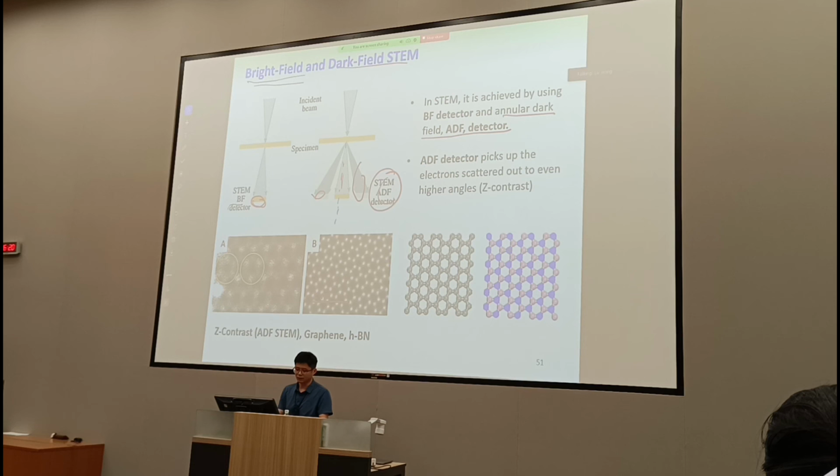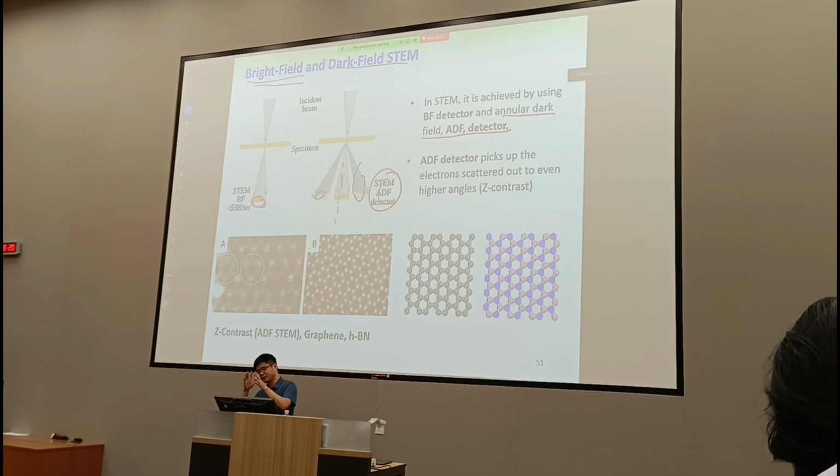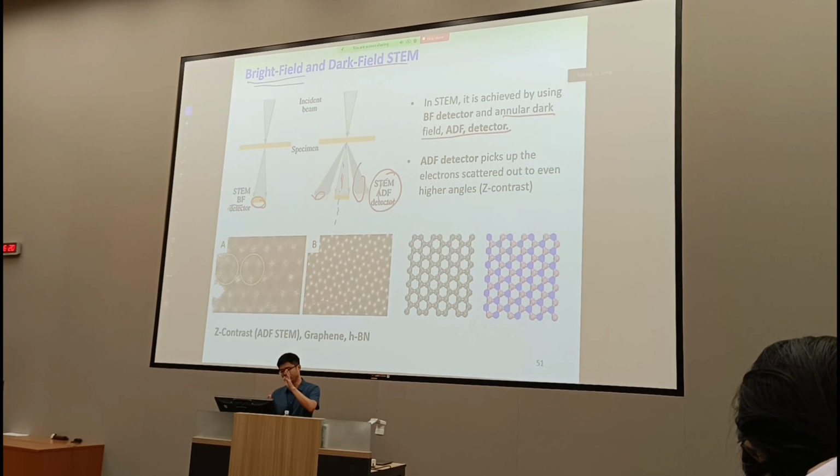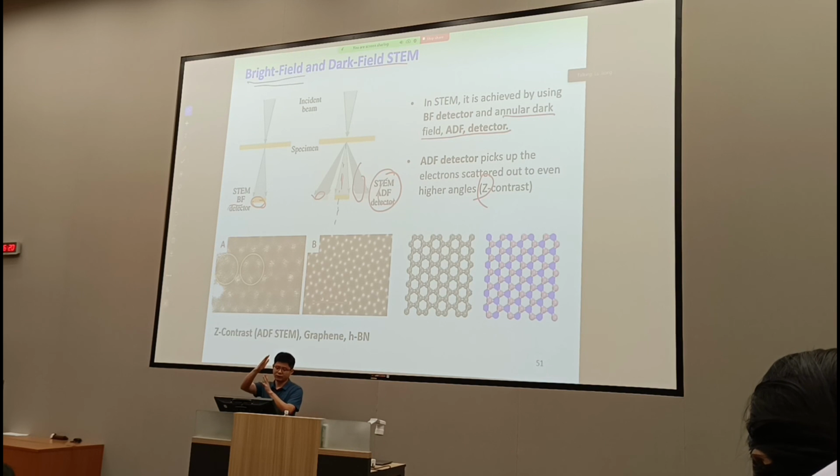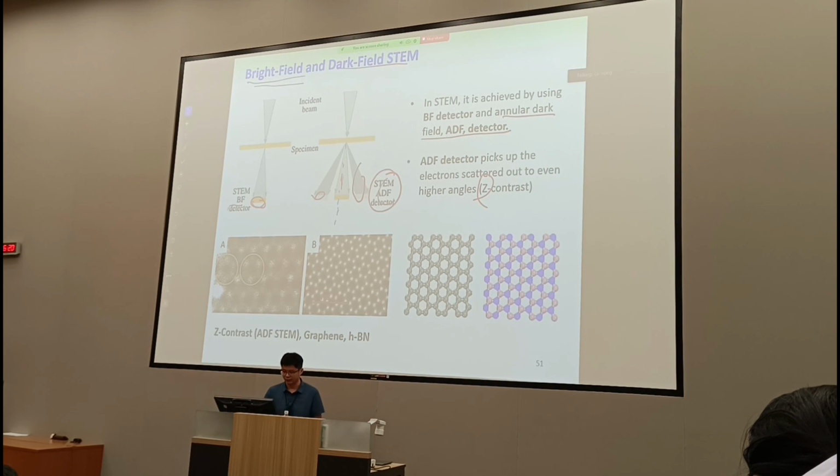The intensity of these diffracted electrons depends on the nuclear charge of your individual site. That is basically electron diffraction, scattering. Right? So if your nucleus is heavier, your Z is much bigger, you can bend more of the electron beams. The angle is larger.